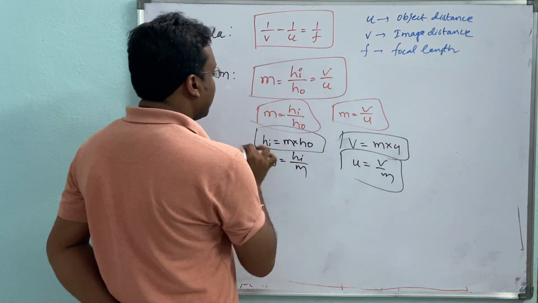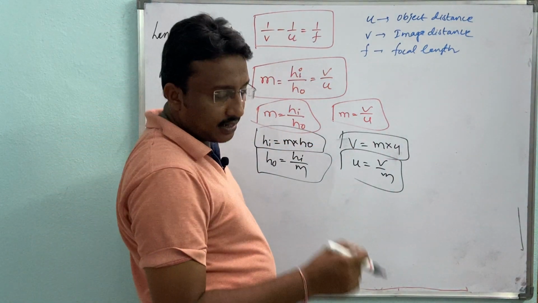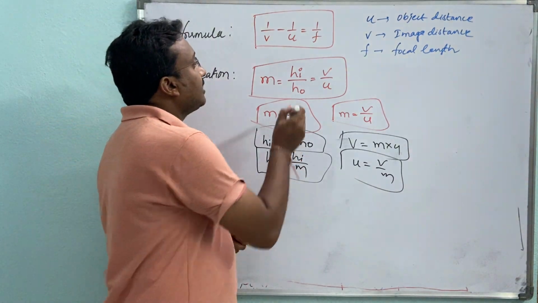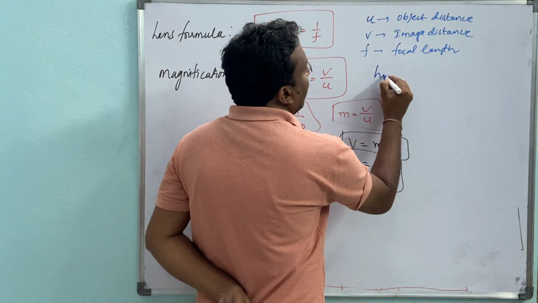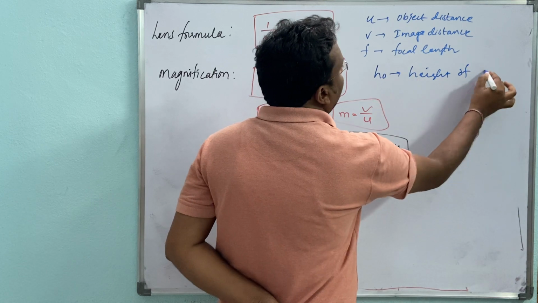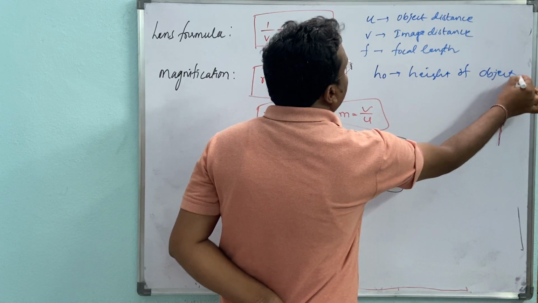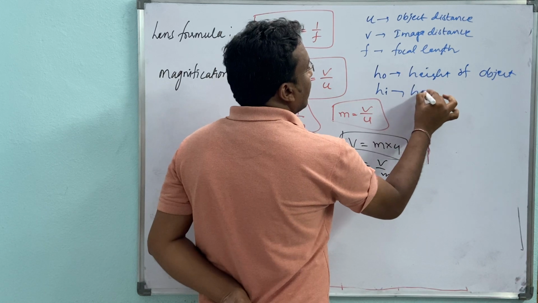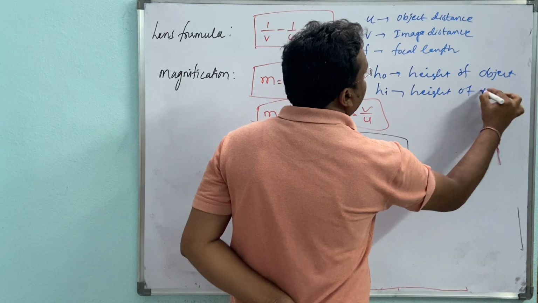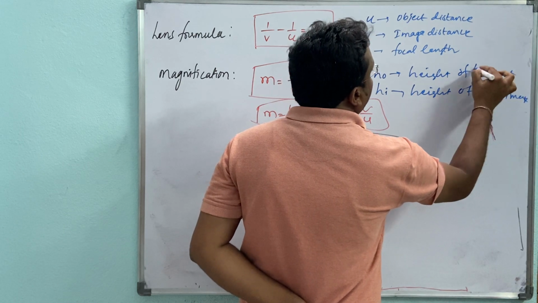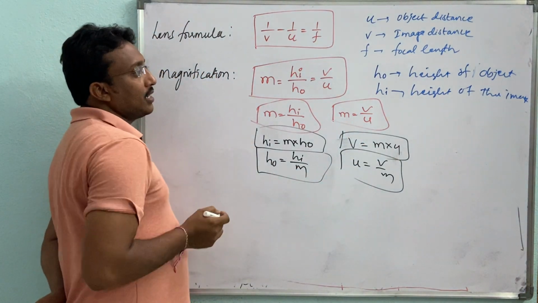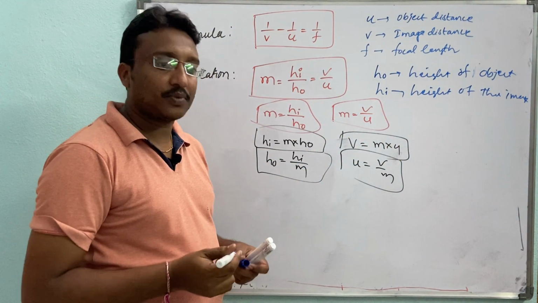For our convenience, we can change the principle into different forms. Here hi is the height of the image, ho is the height of the object, and m means magnification.